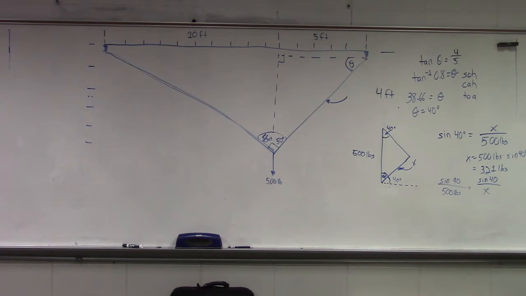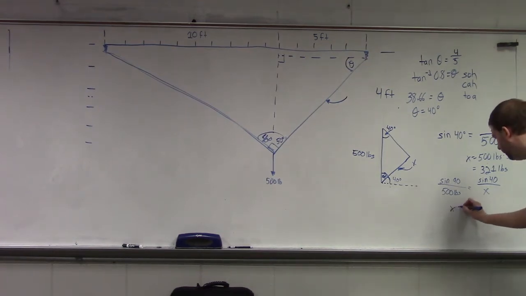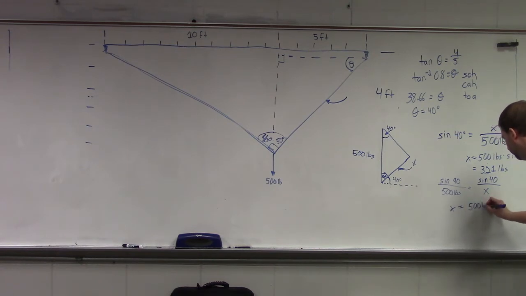The numbers just don't work out. So x would equal 500 pounds times sine of 40 over sine of 90.